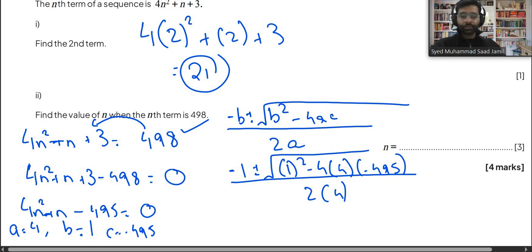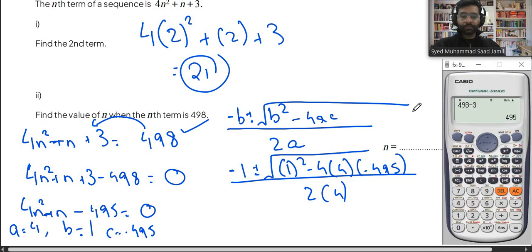Alright. So I'll just plug the values into my calculator now. Minus 1 plus under root 1 square minus 4 multiplied by negative 495 upon 2 multiplied by 4.